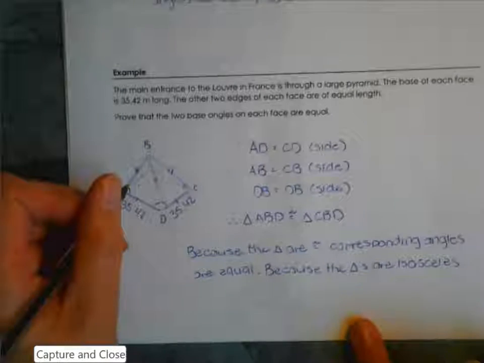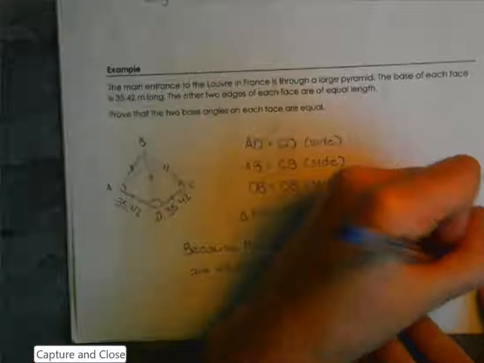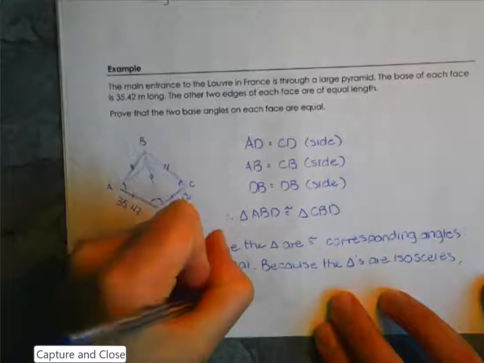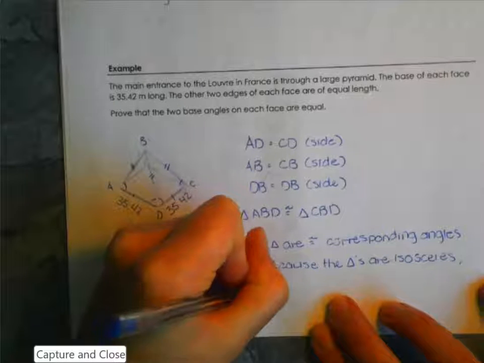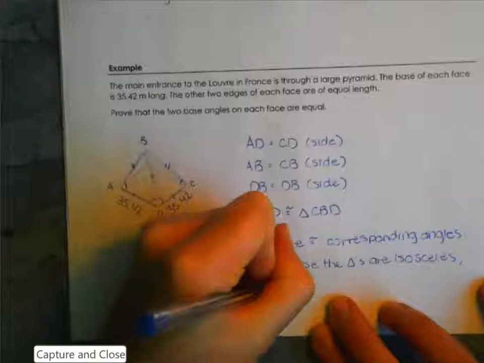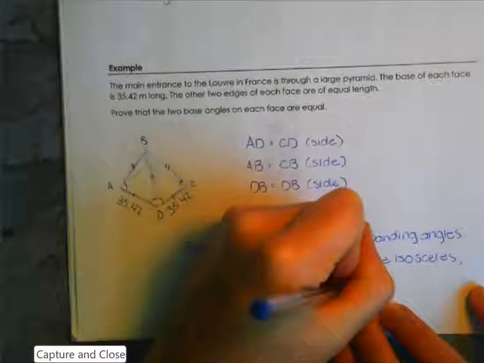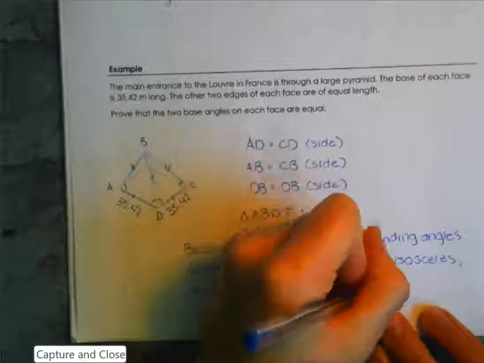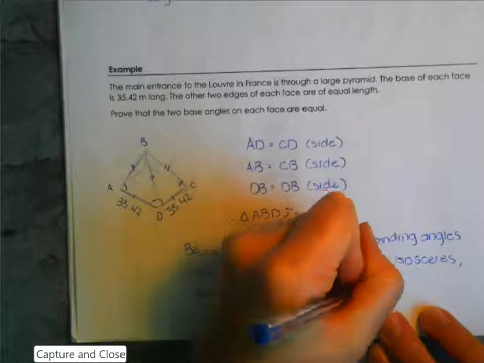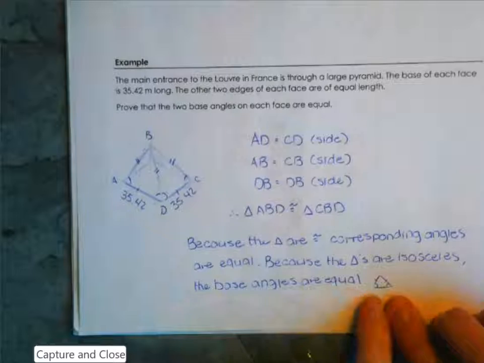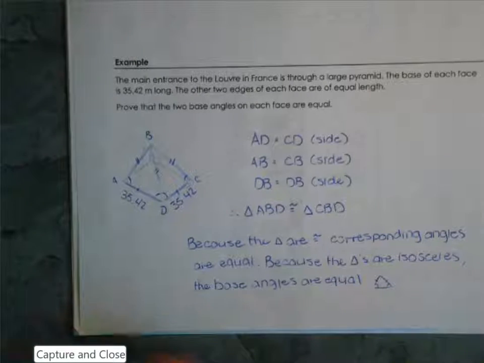So we can say, because the triangles are isosceles, the base angles are equal. Okay, and so basically if you have an isosceles like this, then your base angles like that are going to be the same as well.